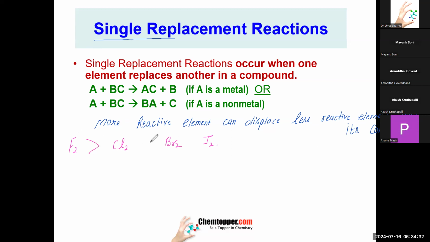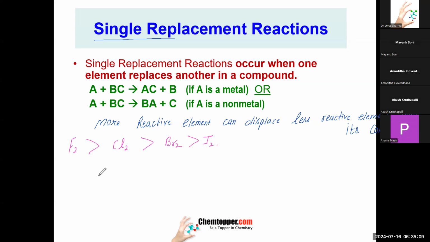This is most reactive because as we move down the group, size increases, tendency to gain electrons decreases, non-metallic character decreases, so they become less reactive non-metals. Akash and Amodita, you heard the words? Very soon I'm going to make a video on periodic trends. I'll share the link. You must watch it, because periodic trend is very important to stay with chemistry.